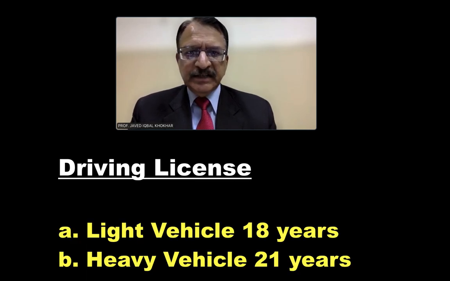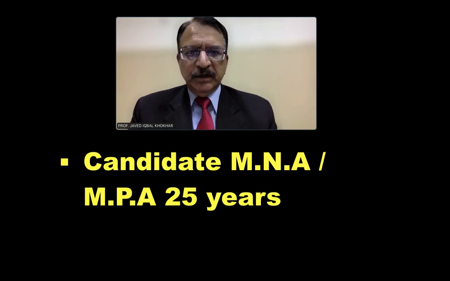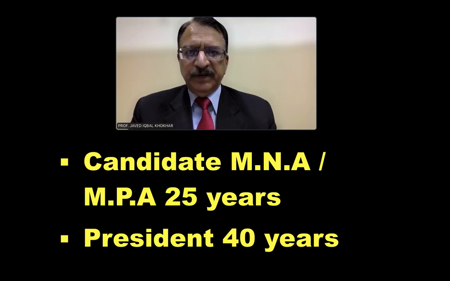For driving licenses, light vehicles, the age should be above 18 and for heavy vehicles above 21. Then a candidate of the National Assembly and Provincial Assembly should be above the age of 25 years, and the President of Pakistan should be above the age of 40.